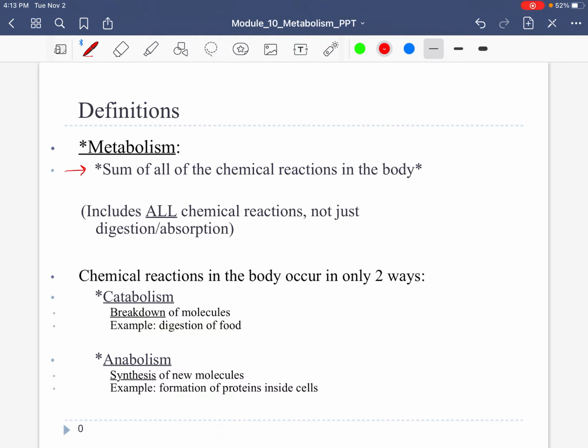So we tend to think of, oh, you have a high metabolism, you have a slow metabolism, meaning you metabolize nutrients quickly or slowly. But it's not just the chemical reactions involved with digestion. Metabolism refers to all the chemical reactions. Digestion, yes, but everything else happening in the body.